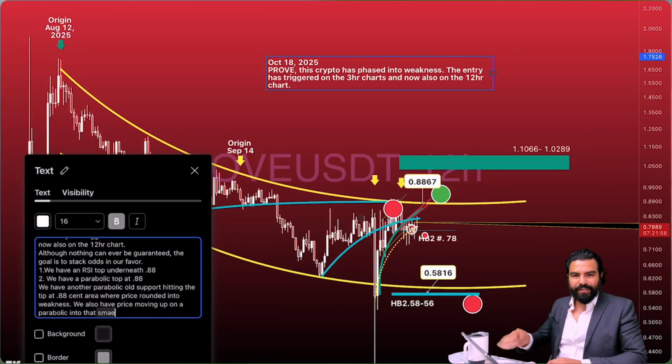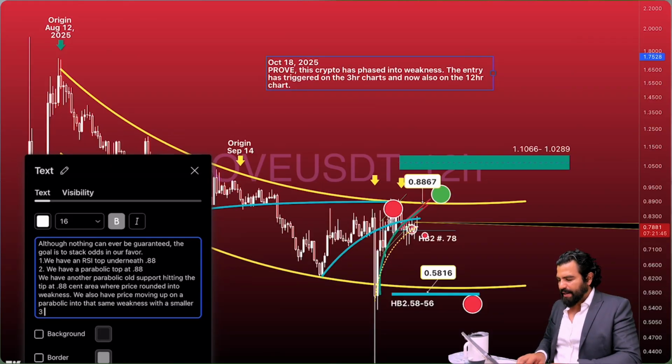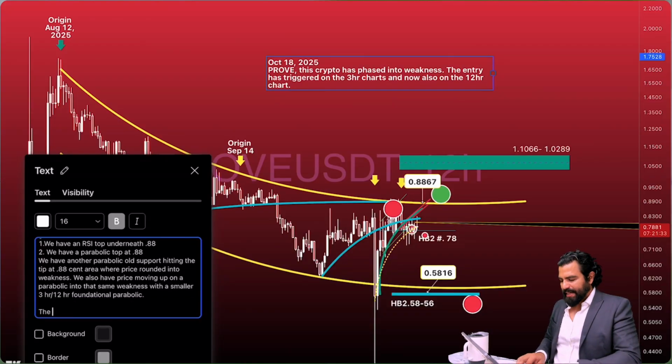So we're rounding up into the weakness, but we're also rounding up on its own curve, on its own same weakness, with a smaller 3-hour and what is this, a 12-hour and 3-hour, 12-hour foundational parabolic. The trend is down.